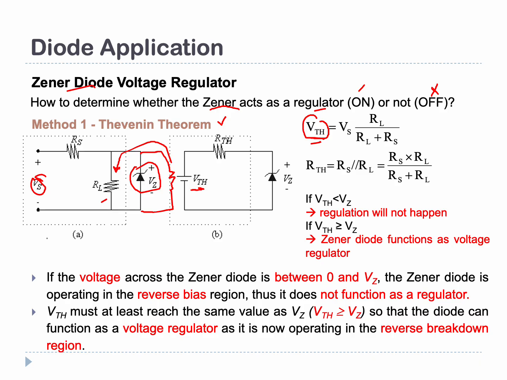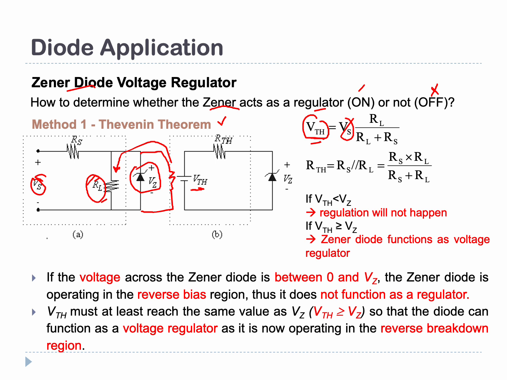To know the voltage across this RL resistance, we're going to use the voltage divider rule, which is Vs times RL, the one that we want to determine, over the value of resistor RL plus RS.